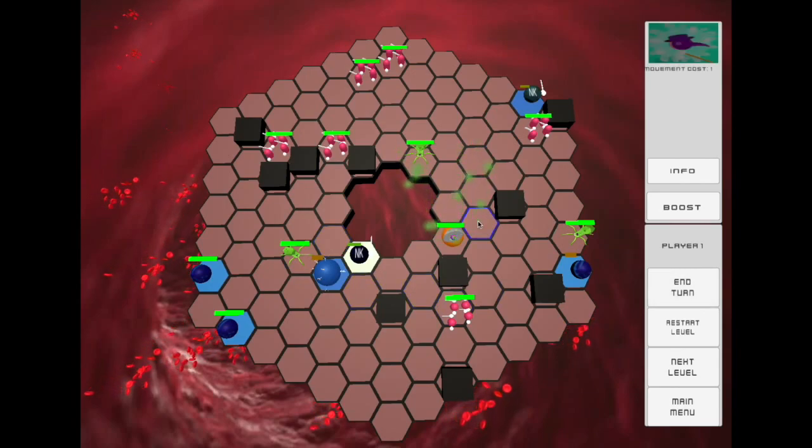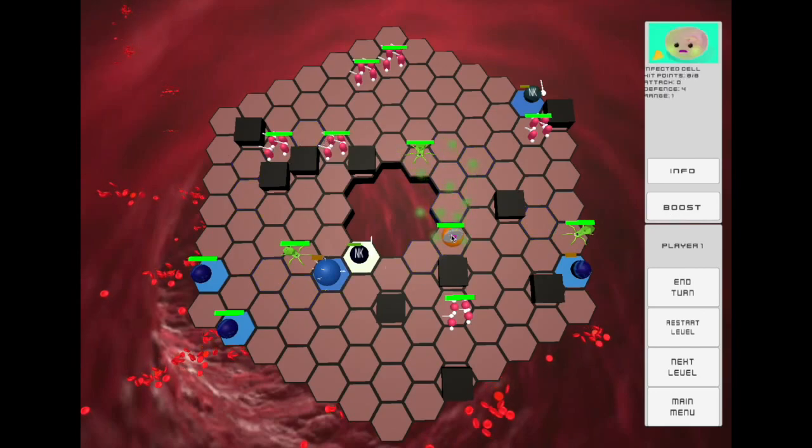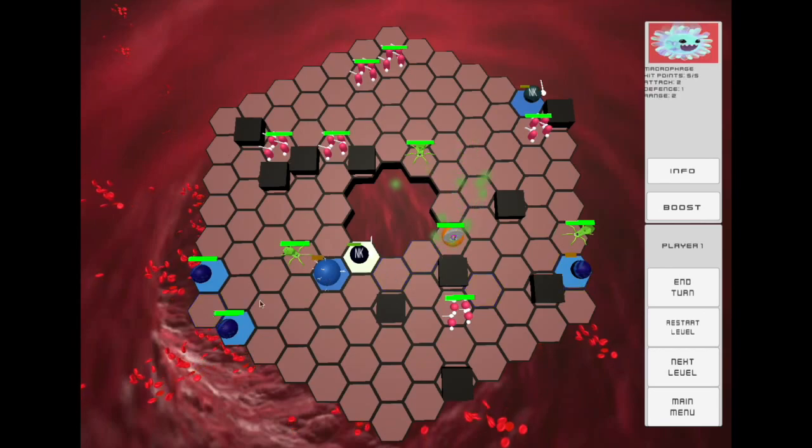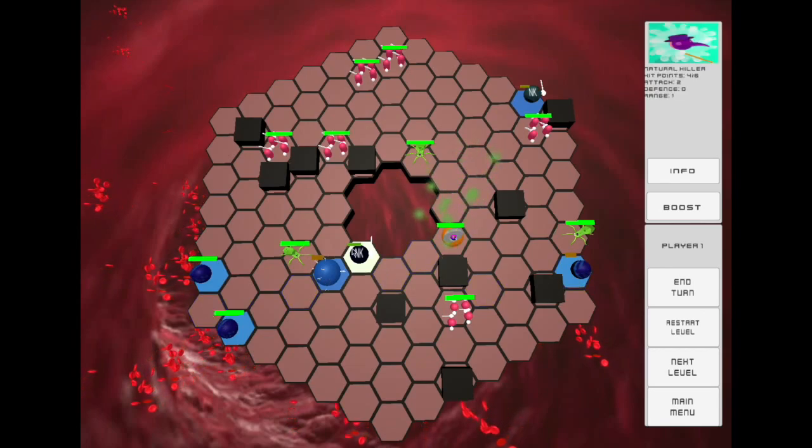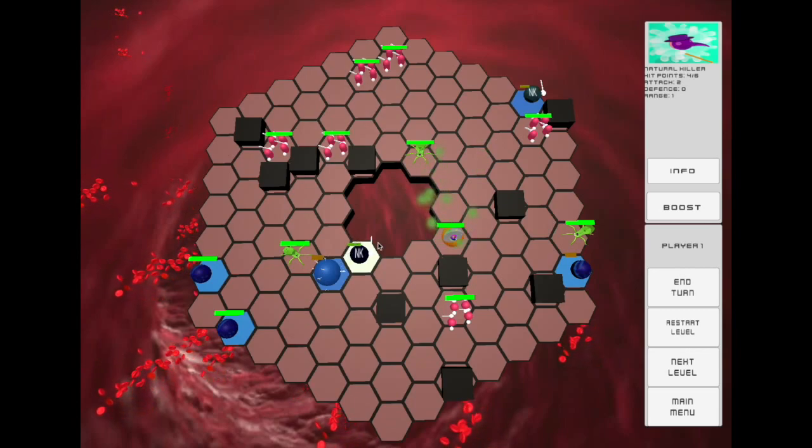One other aspect of learning in this game is the boost function. If you get in a situation similar to what we're in now, where there's quite a few troops and quite a few damaged white blood cells, you might not be able to win the level. In fact, some levels can be challenging even if you play most of the correct moves.